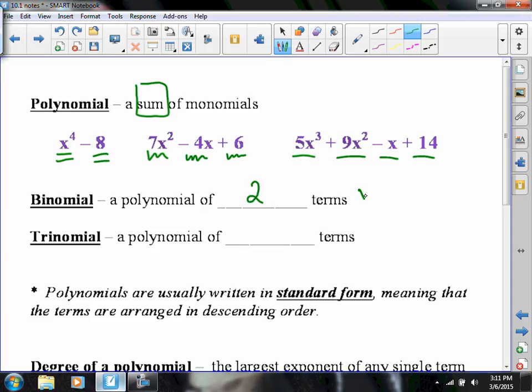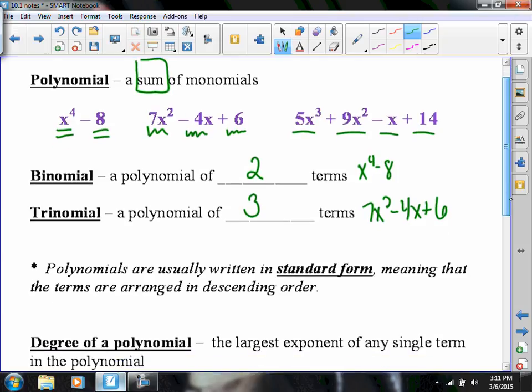So like the x to the 4th minus 8. That's a binomial because there's 2 terms, 2 monomials. A trinomial is going to have 3, just like a tricycle. So you have 7x squared minus 4x plus 6. That's a trinomial.